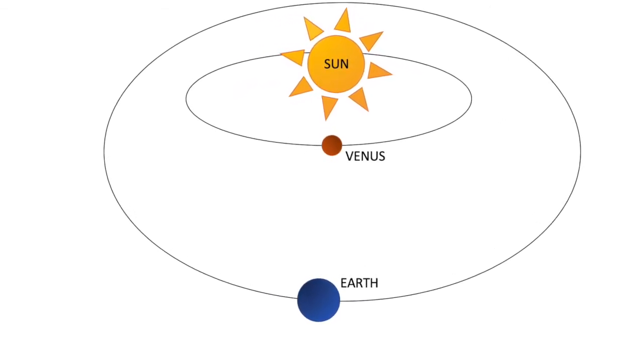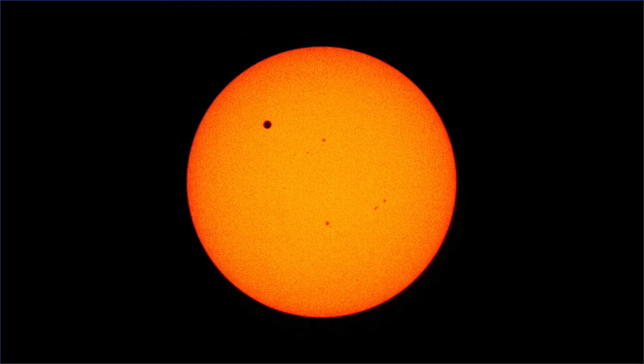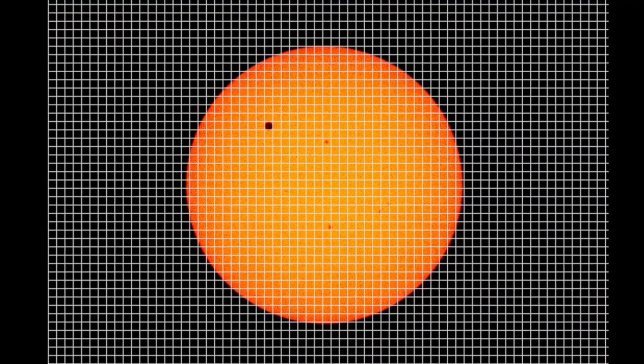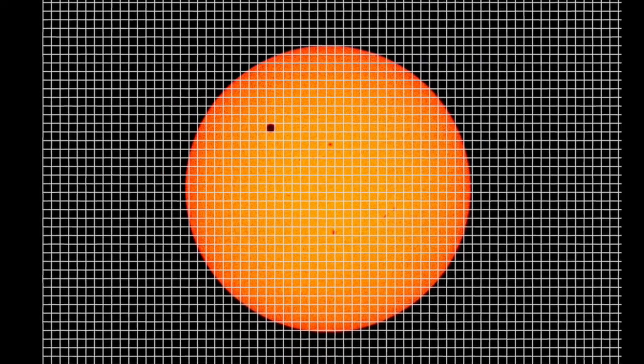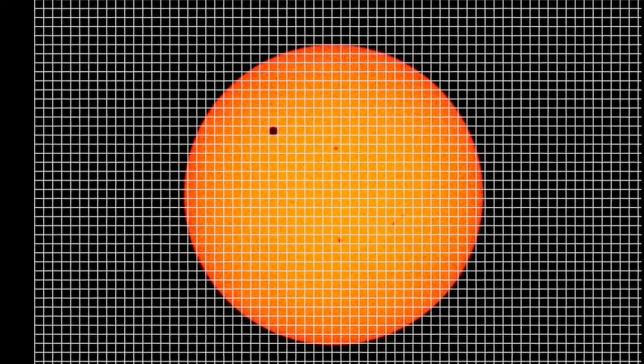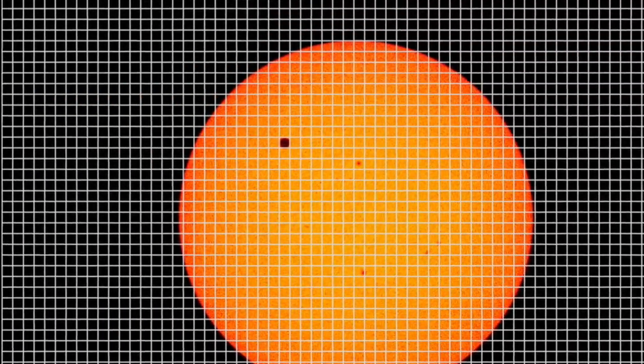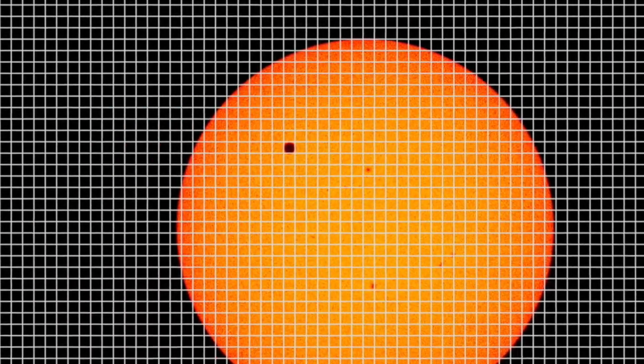If you think about this image of our star, this was taken through a telescope, you can imagine breaking down this picture of the star into pixels. I don't know if you've heard the term pixels, but you can think of it like drawing a grid over the star, and how many squares would this planet take out from the overall light coming from the star.